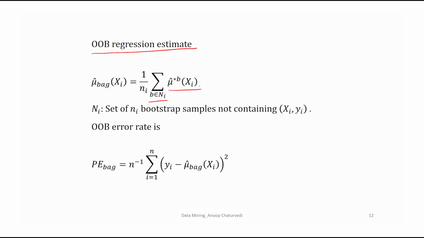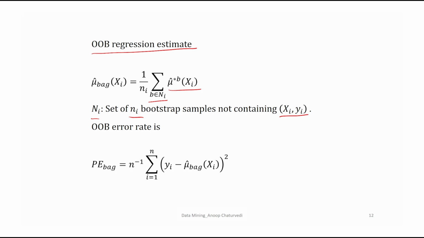And here Ni denotes the set of bootstrap samples not containing xi, yi. That is, it is the set of bootstrap samples for which xi, yi is an out of bag observation, and small ni is the number of such bootstrap samples.